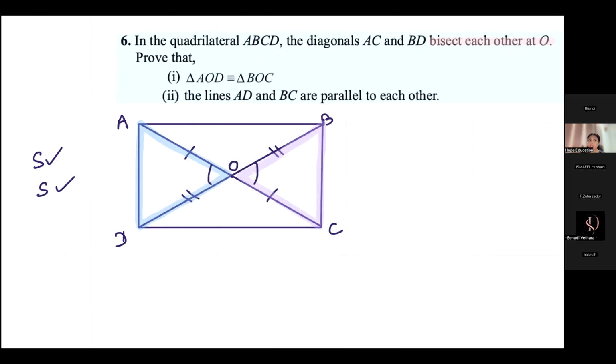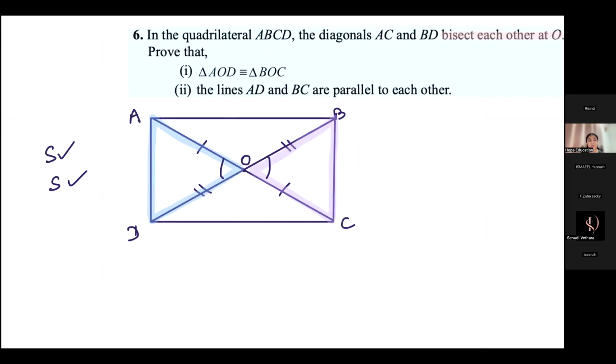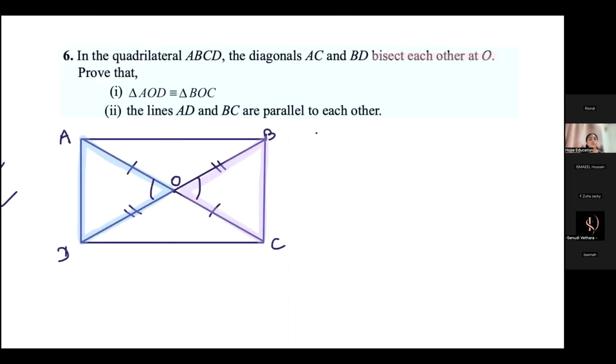And now with that, we'll just have to write. Let's put Roman one. Shall I write it here? I have to show that AOD and BOC are congruent. So first I will put the topic. AOD and BOC. AO equals OC.